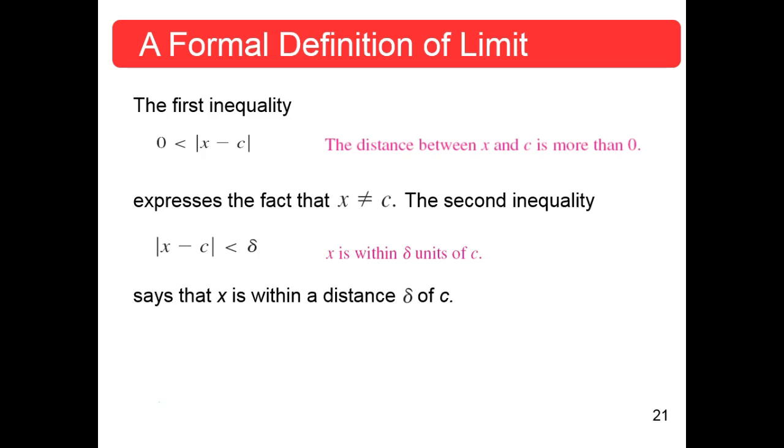The other half of that inequality, x minus c is less than delta, means x is really close to c. It's greater than 0, but really, really close to c, because it's less than that arbitrarily small delta. So x is within the distance delta of c. It can be on the left or the right, somewhere between x minus delta and x plus delta.